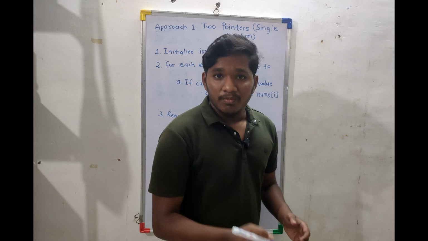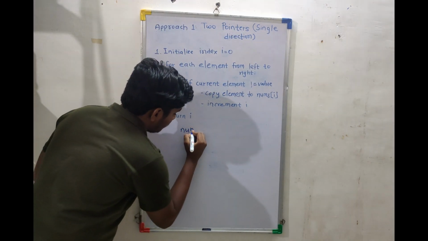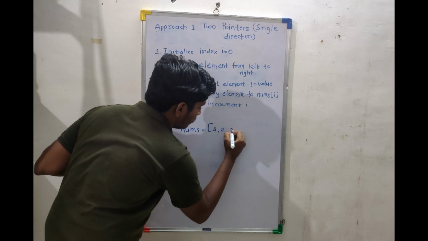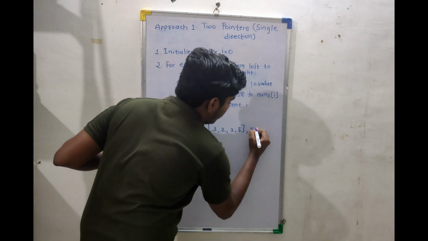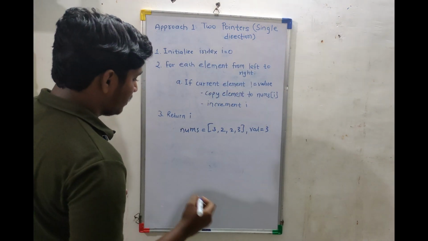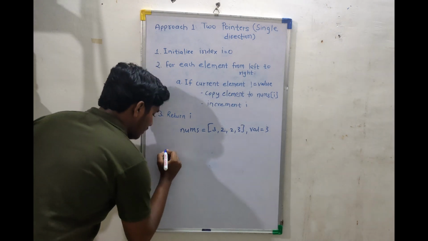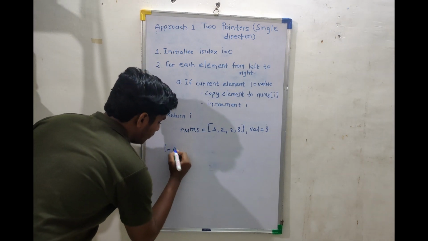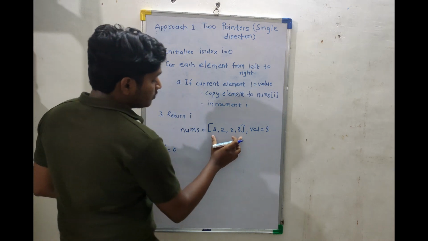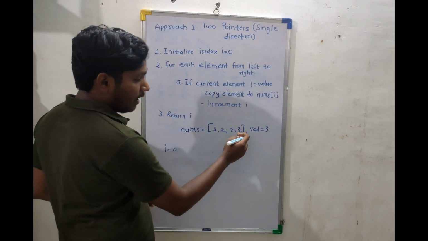So let's see an example of this approach. In the input we are given a nums array which consists of the values 3 2 2 3, and the value 3. In the first step we initialize index i at 0. In the second step we run a for loop from left to right, till the last element.